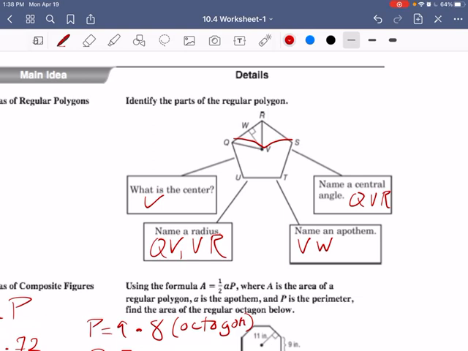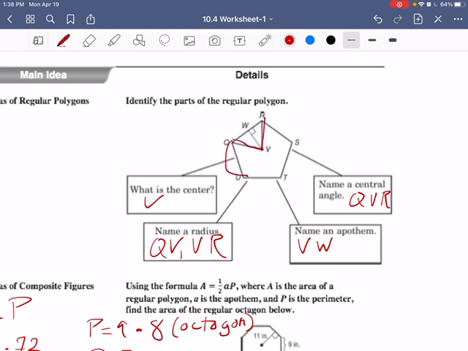The central angle in a polygon has to go from one vertex to the next, so from Q to R, that would be the angle right there, not Q to T. We're going from Q to R, so that angle QVR, the next vertex over.